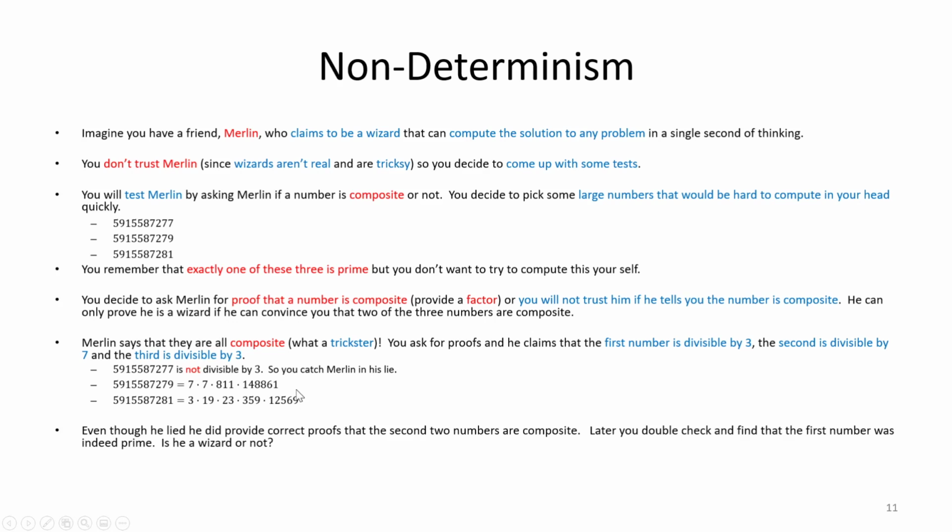So the implication is that if we did have access to this power, would it actually make it easier for us? Would we actually be able to solve things? At least on the surface here, it looks like the answer is yes. So the first opening question when we present ourselves with this new model of computation, non-determinism, is: is this more powerful than what we already have, or is it the same power, or maybe less powerful than what we already have?